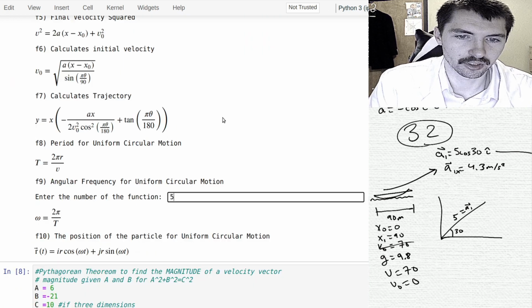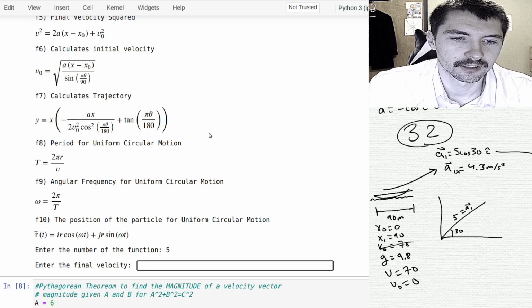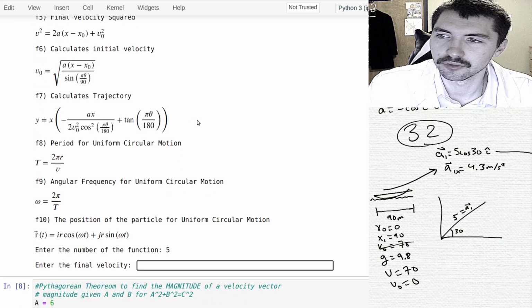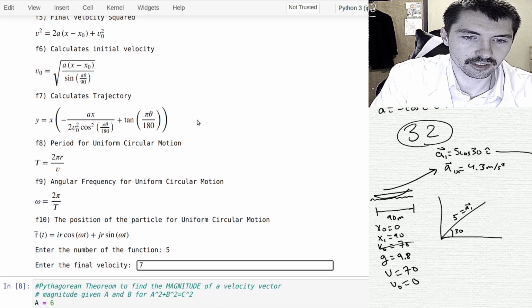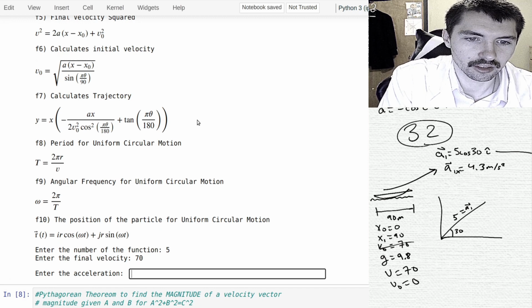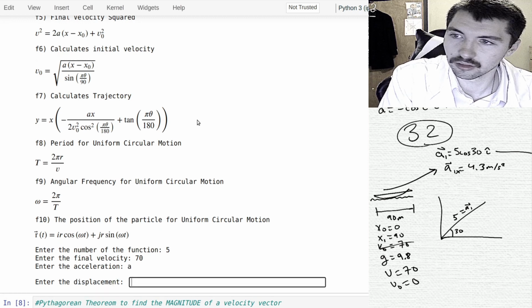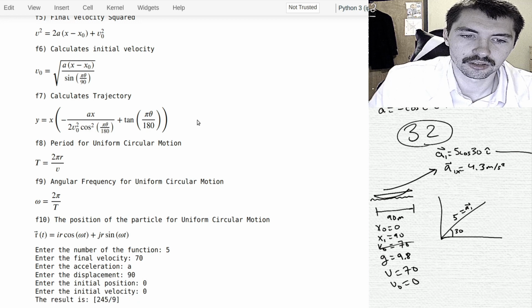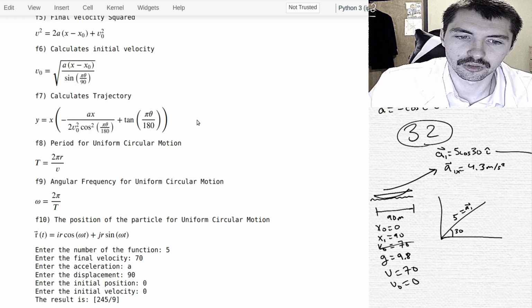So they're doing equation 5. V squared is 70, a is a, 90, 0, 0, 24.